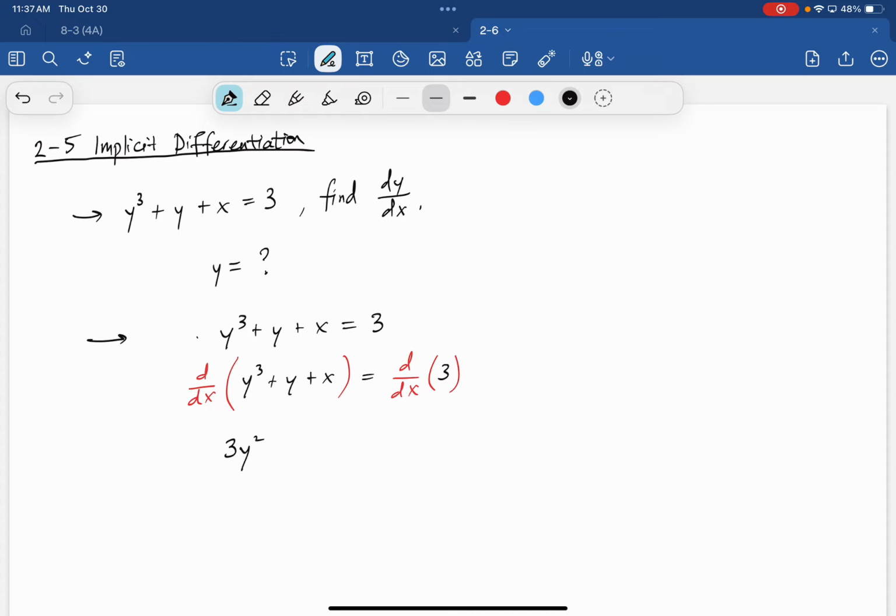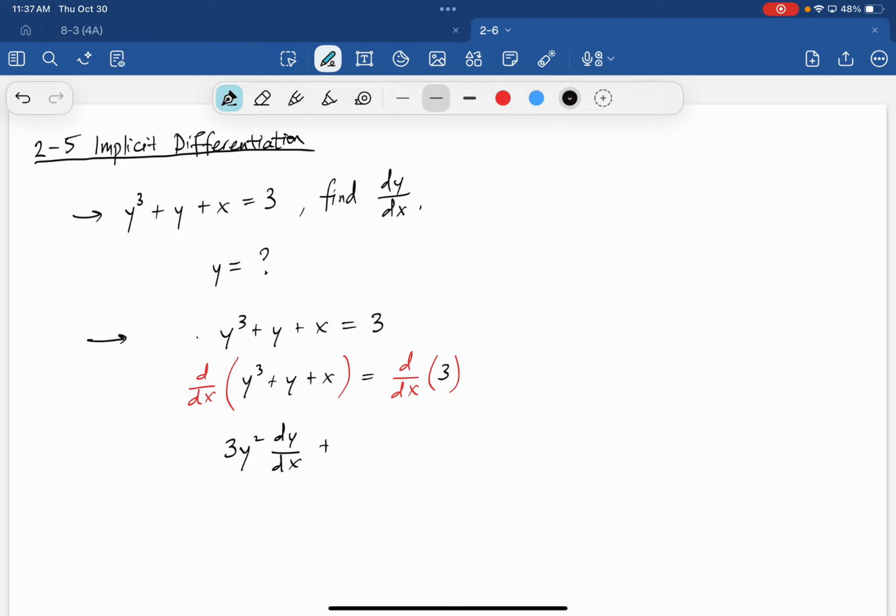But then we actually have to take the derivative of y with respect to x and multiply it. So the derivative with respect to x is 3y squared times dy dx. That's because it's chain rule: the outside function is the cube, and the inside function is y, because y is still a function of x. After chain rule, you're left with 3y squared times dy dx.